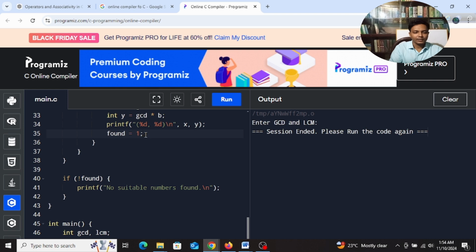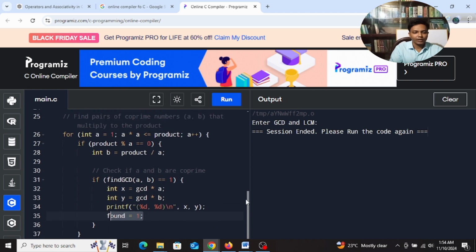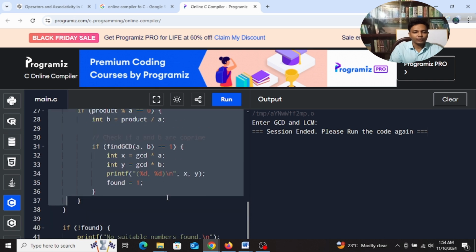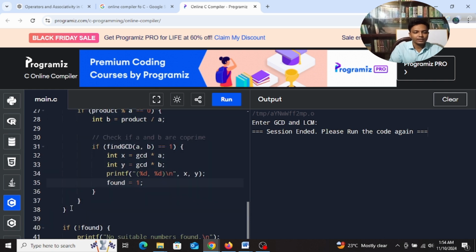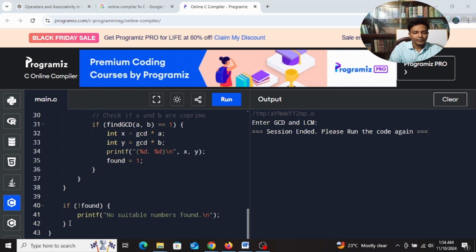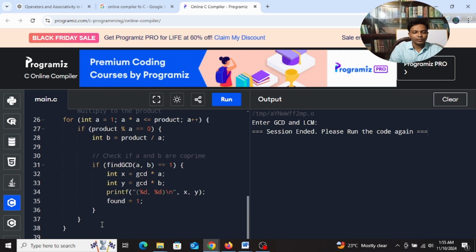Found is increased only here, so if this code doesn't work, we will not have any value for found. Our code will jump directly here, right? So at that time found will be zero. So if not found, then we will say no suitable numbers found. And if this code is implemented and we get a result for co-prime, then we will get some result.